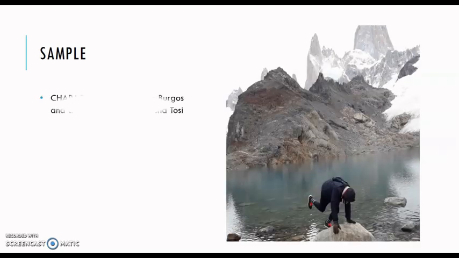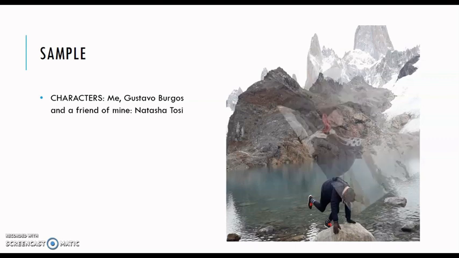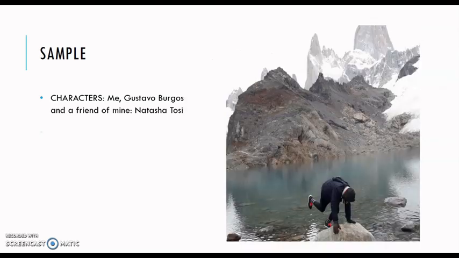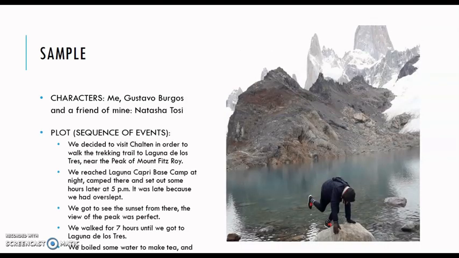So now let's talk about the characters in the story. It was me, the narrator, Gustavo Burgos, and a friend of mine, Natasha Tosi. This is me and my friend. Now let's talk about the plot, the story itself, the sequence of events.